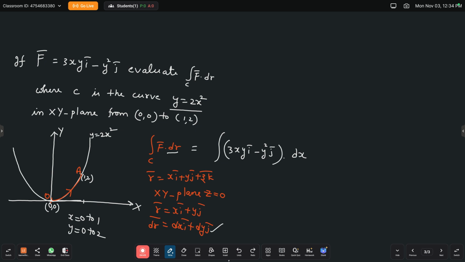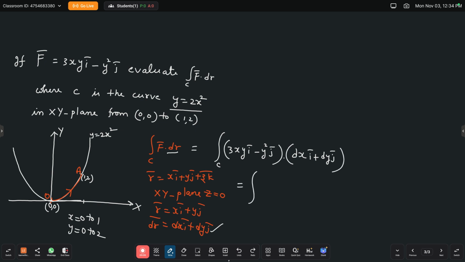Now substitute these two values in the integration. It becomes like this. F is the given function, and dr is dx i bar plus dy j bar. Now find the dot product.